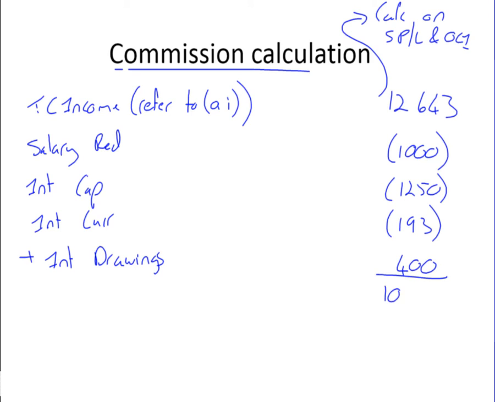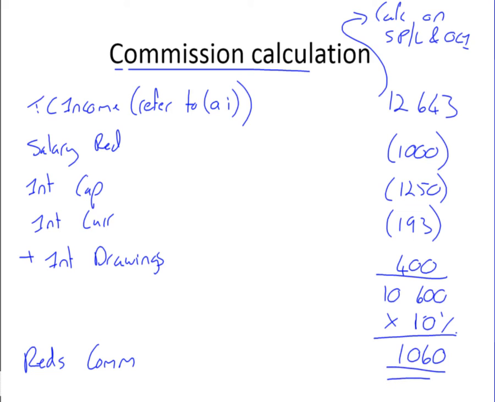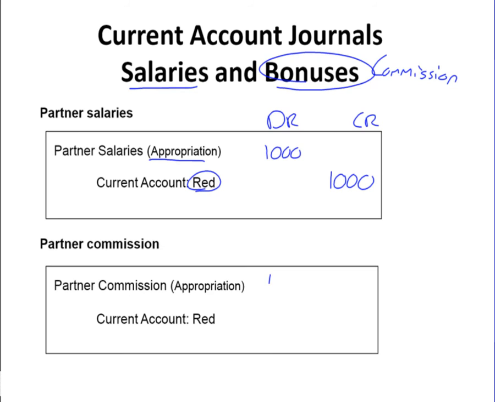So that is 10,600. I'm going to multiply that by the 10%, which he gets as commission, and Red's commission is then 1,060. Please remember, I will be coming and doing that 12,643 with you just now. So let's take that 1,060 and put it in.